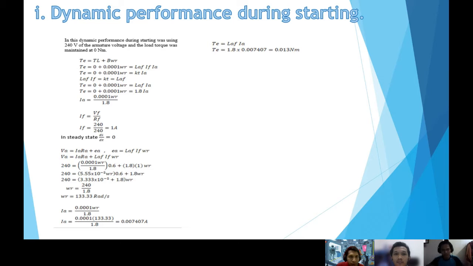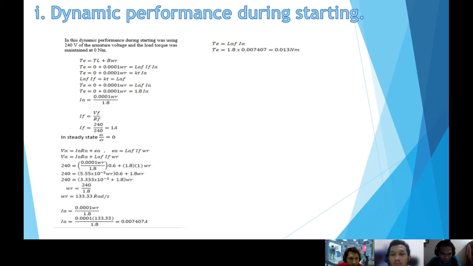So, firstly, we use the equation TE equals TL plus B omega R. So IA we get 0.0001 omega R per 1.8. So IF equals VF per RF, and we get 1 ampere.